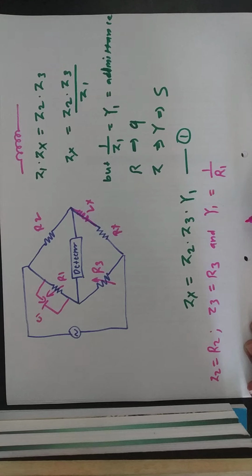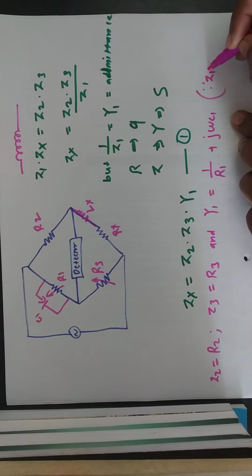If you write in terms of Z, then it becomes R1 plus 1 upon j omega C. So Y1 is its reciprocal, since Z1 is equal to R1 plus 1 upon j omega C1.